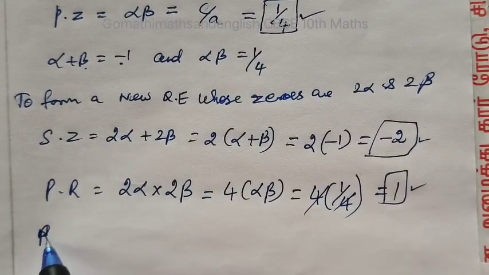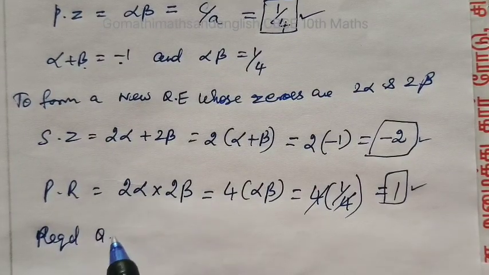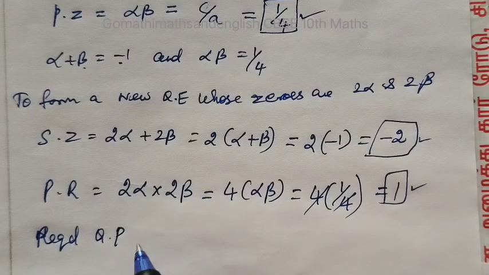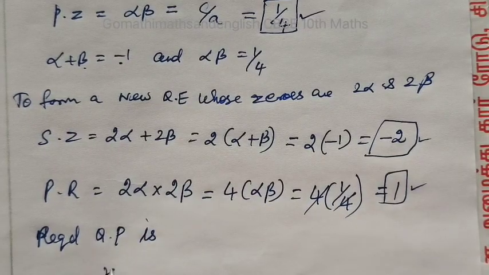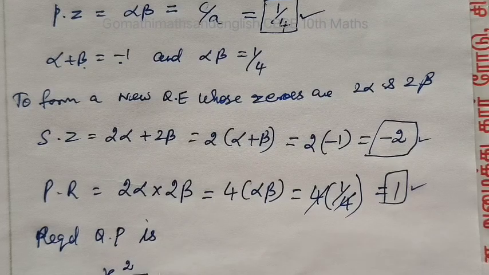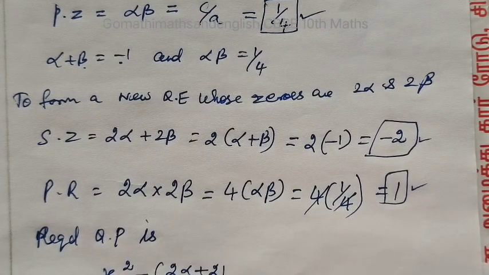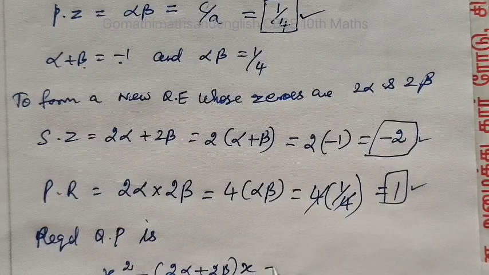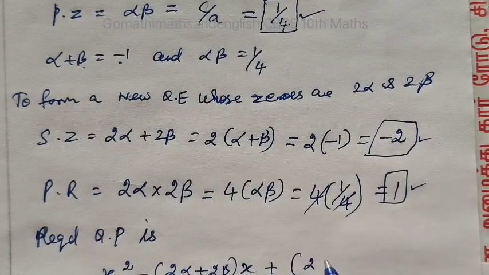So the required quadratic polynomial is x squared minus sum of the zeros x plus product of the zeros.